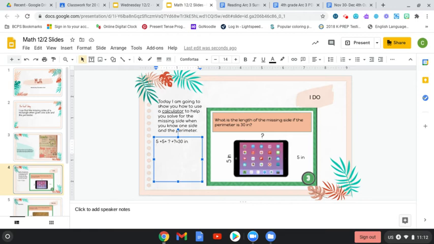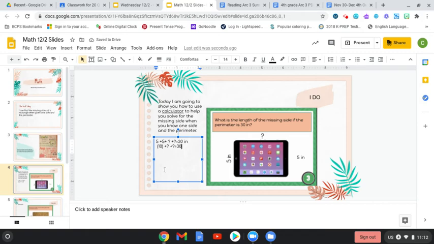I'm just going to put a little sign here that those two sides together are 10. And then I know that I've got to figure out the other two sides to get 30. Well, that takes a little bit of pressure off.